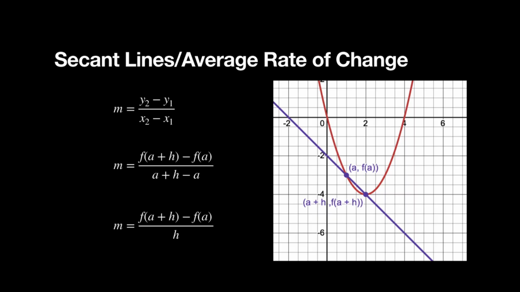And the average rate of change of a function, so in red, if this is the graph of f of x, the average rate of change would be the slope of a line that connects 2 points on the graph of that function.